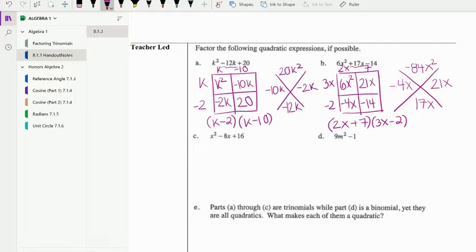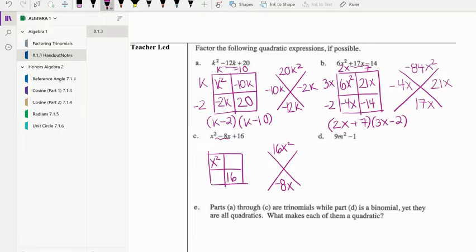All right, moving on to the next one. We start with our box. We put the first term, x squared, in the first box, the last term, 16, in the last box. We make our x, so the product of x squared and 16 is 16x squared. We take our middle term, negative 8x, that goes at the bottom.